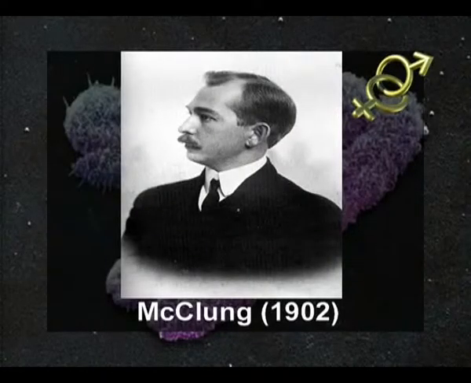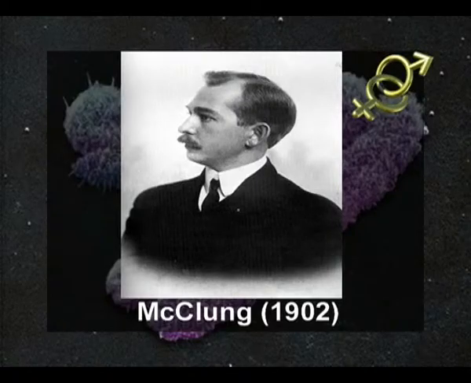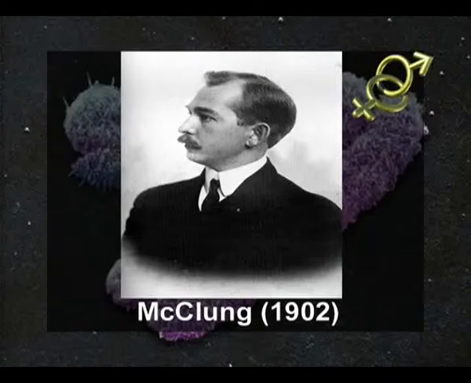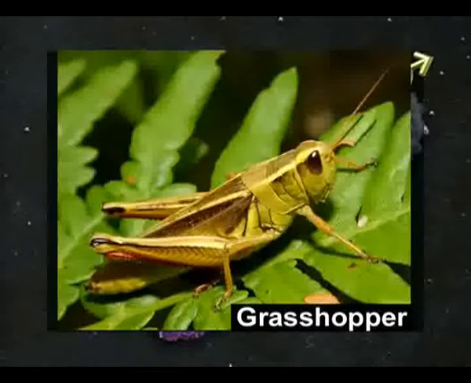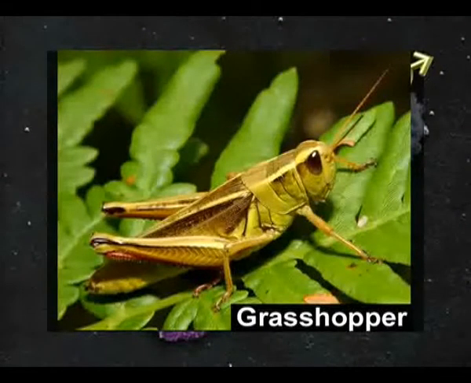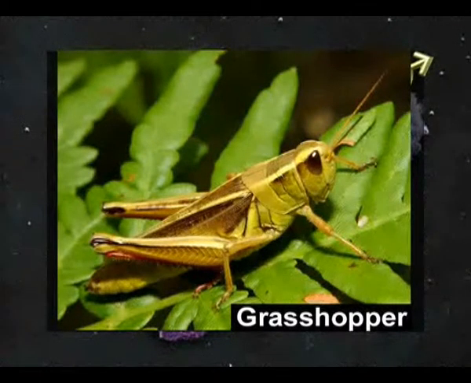The significance of the X-body was not immediately understood, but in 1902, an American geneticist, McClung, who had made extensive observations of gametogenesis in grasshopper, suggested that the X-body was involved in some way with the determination of sex.